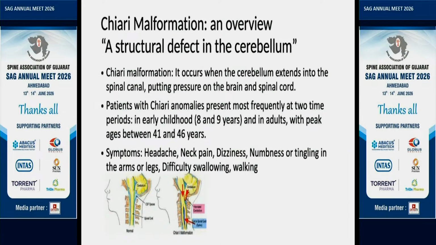So Chiari malformation occurs when the cerebellum extends into the spinal cord, putting pressure on the brainstem and the spinal cord. Patients usually present in early childhood or between 41 to 46, with complaints of headache, neck pain, dizziness, numbness or tingling in the arms or legs, and difficulty swallowing and walking.